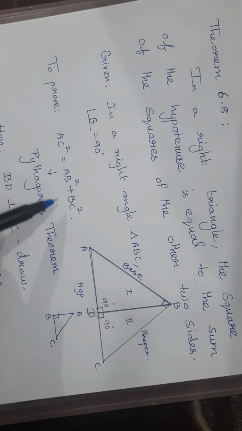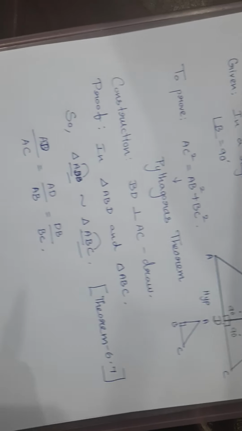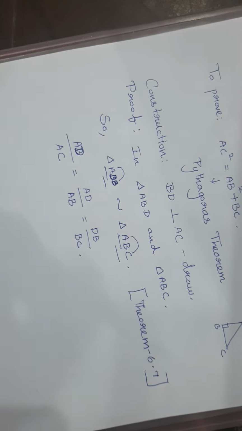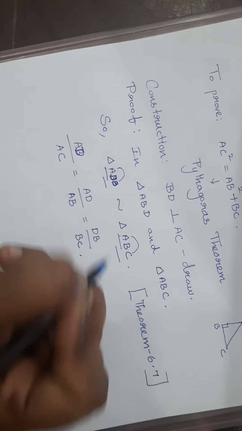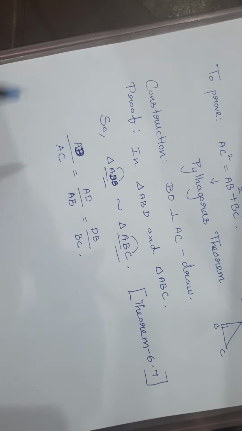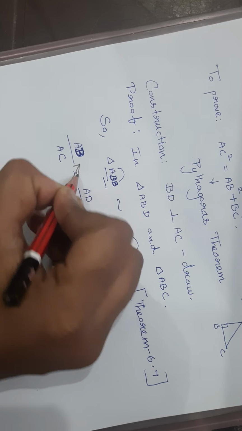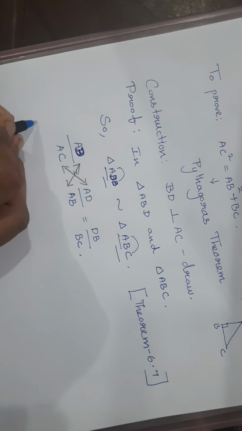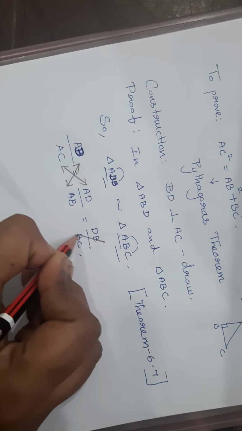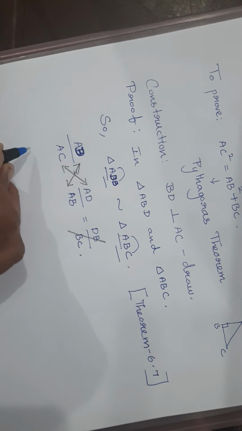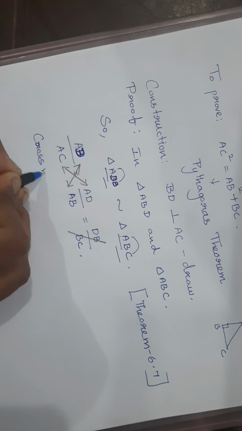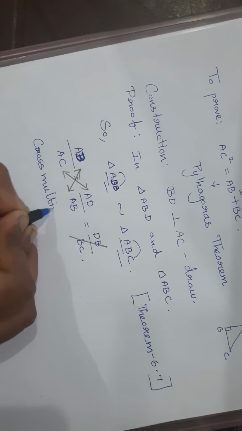So what are you going to prove now? AC square equals AB square plus BC square. Here, cross multiplication gives AB square. So you just do the cross multiplication.